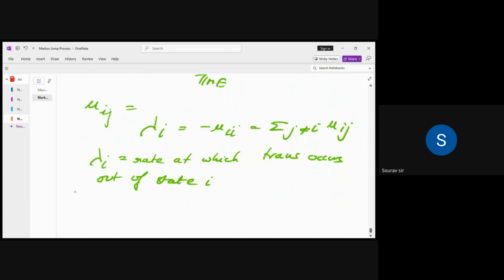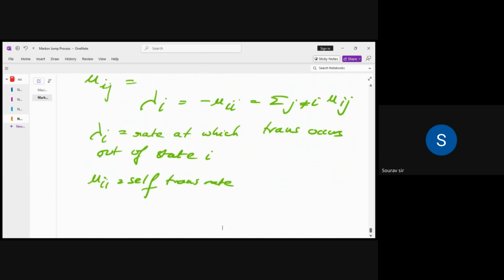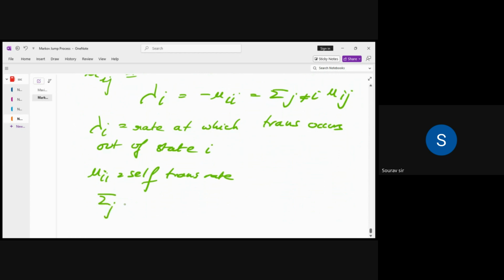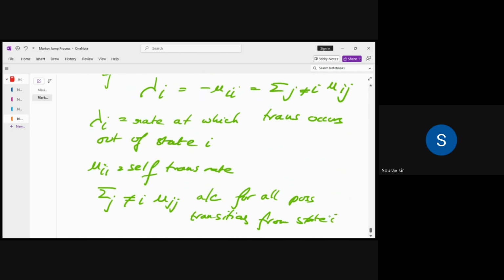So mu_ii is the self transition rate, which is typically negative and equal to the sum of transition rates to all other states. And what does that sum account for? The summation over j not equal to i of mu_ij accounts for all possible transitions from state i to other states.